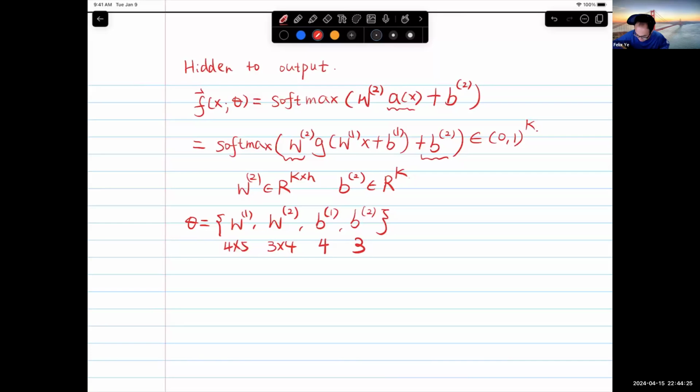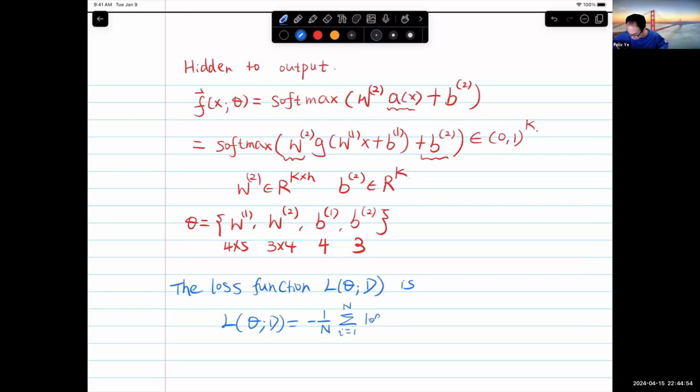The loss is minus 1 over n, summation i from 1 to n, of log f_{y_i}(x_i; theta).